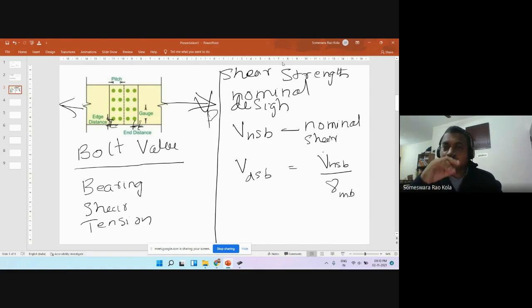We always want to take care of any kind of risk involved in getting this strength through this factor of safety. Maybe the manufacturing of the bolt is not so consistent, maybe we will not be able to guarantee that quality all the time. So any such risk or possibility of losing the strength will always be taken care of through these factors of safety.